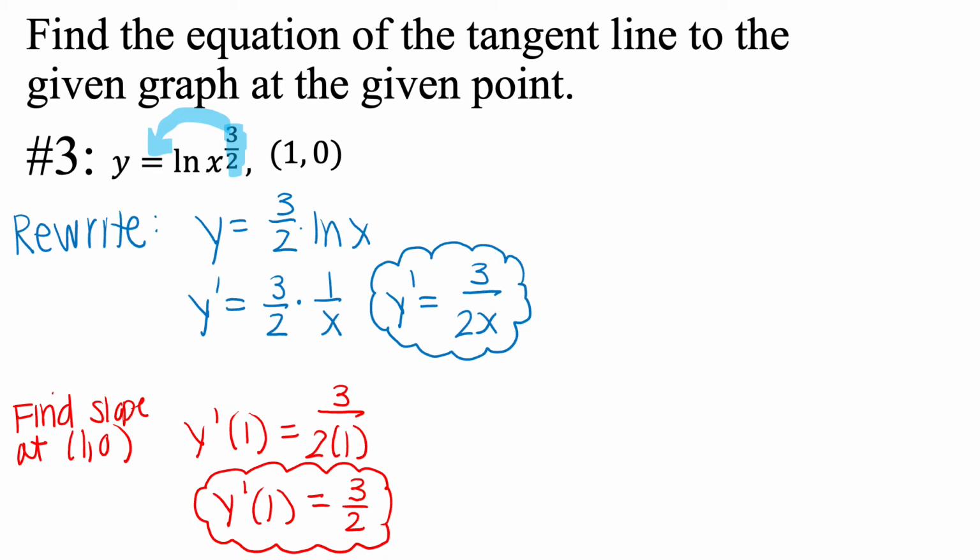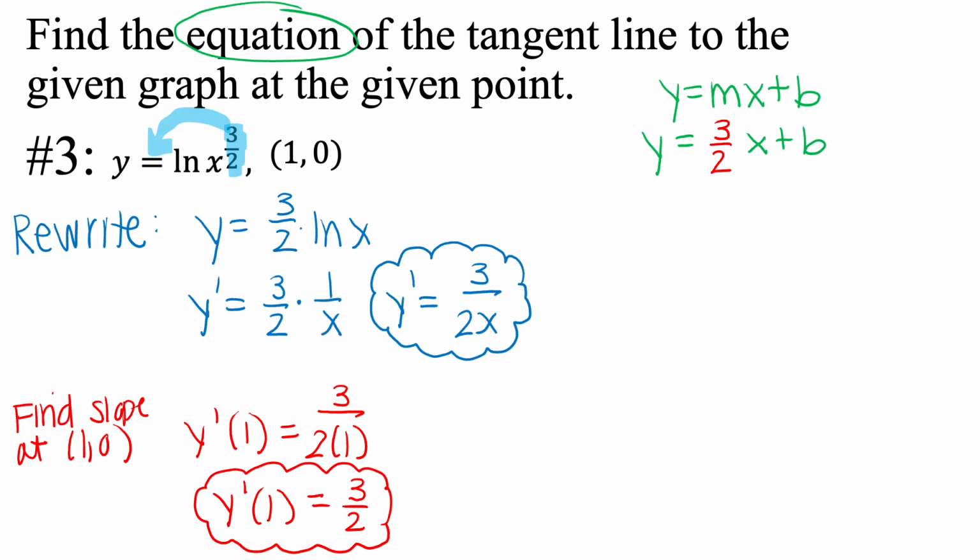Now remember, the goal here is to actually write an equation of a line. So we know the equation of a line is y equals mx plus b. So let's start by plugging in the m, the slope that we know. So we have y equals 3/2 x plus b.